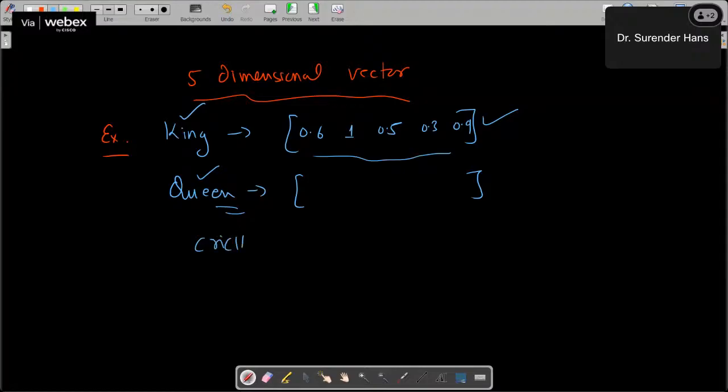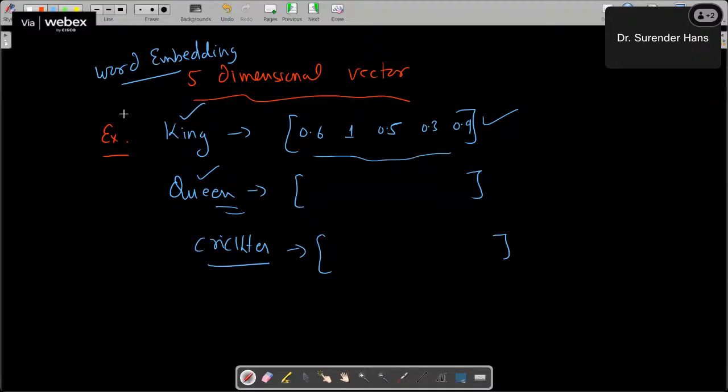Let's say we take another word, cricketer, again a five-dimensional vector. The vector of cricketer will be entirely different from king and queen. That is the beauty of word embedding: this technique captures the semantic meaning of the word.